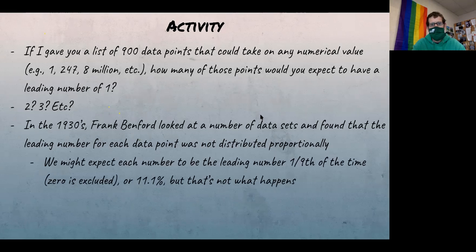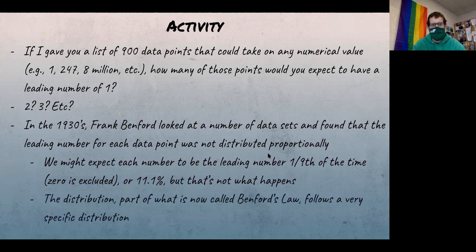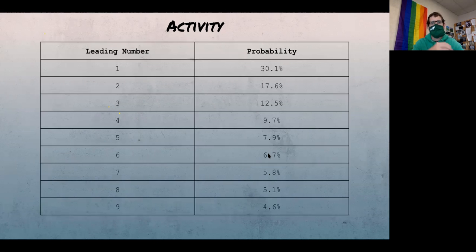While we might expect each number to be the leading number 1/9 of the time, that's not actually what happens. There's a distribution that we call Benford's law. The number one, when you're dealing with a data set with a lot of different orders of magnitude, if it's all between 1 and 100, it doesn't work this way.